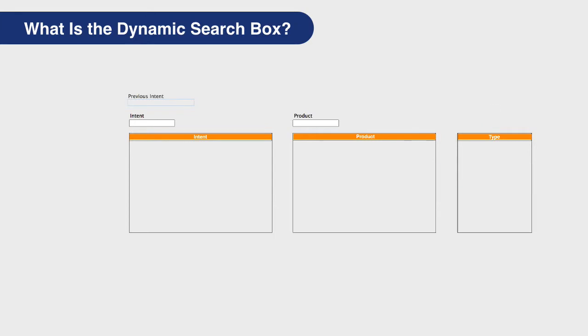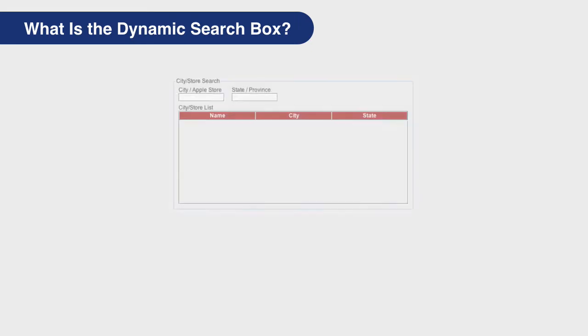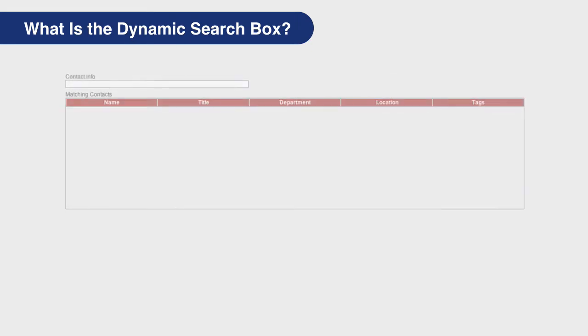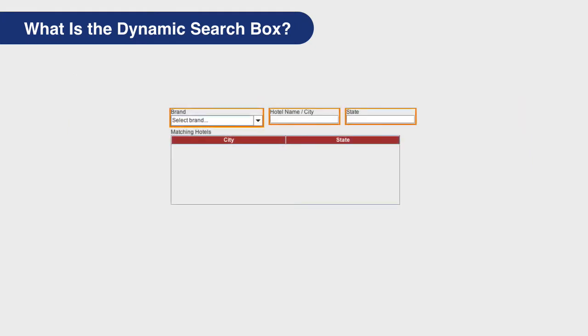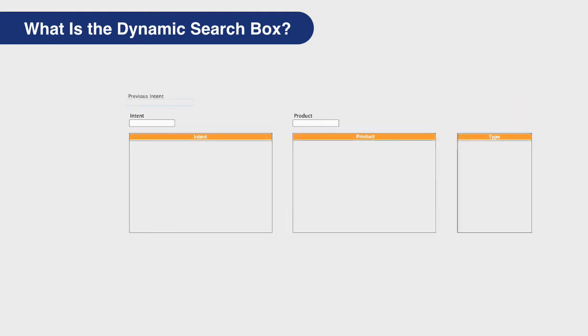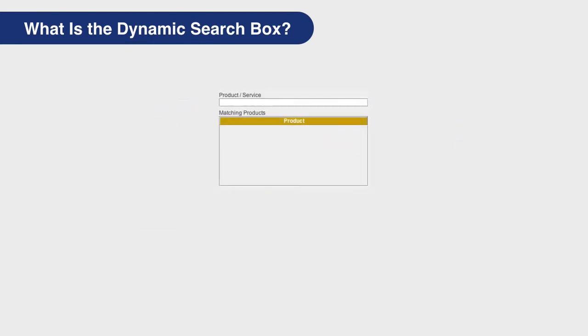Additional variations of the dynamic search box include hotel, store locator, employee directory, and city or state search boxes. Some applications use multiple search box types, while others use a single one.